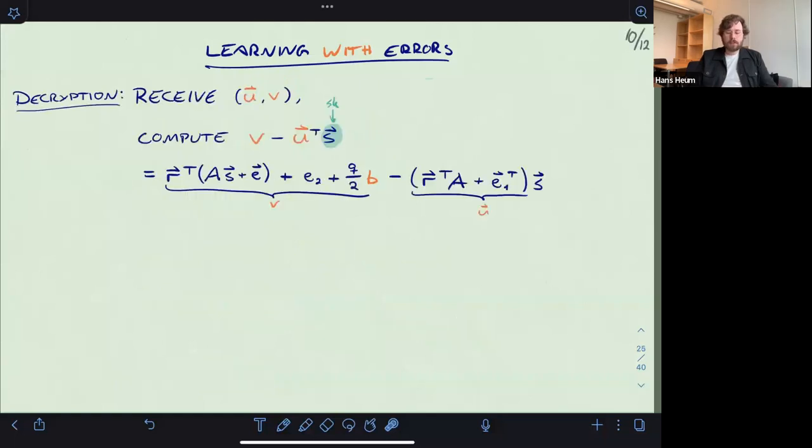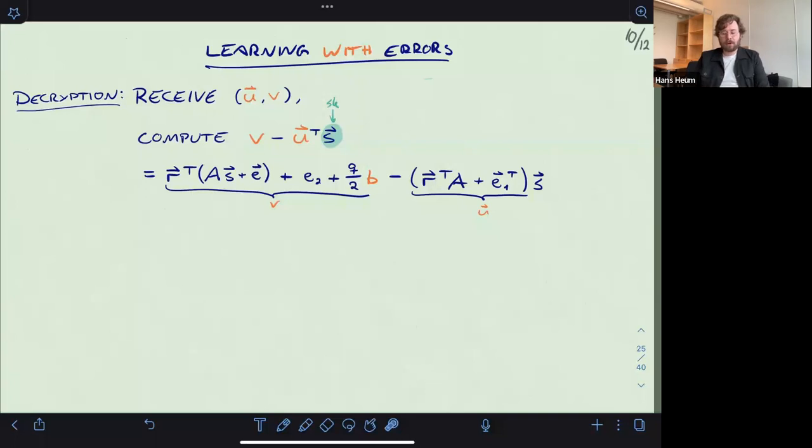So let's see how you do this. You receive the U vector and the V. As before, you compute V minus U vector times S vector, where again, S is the private key, which is why only the receiver is allowed to do this computation. And then you just unpack what I wrote on the previous page.